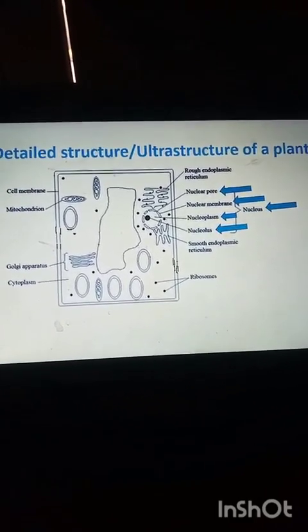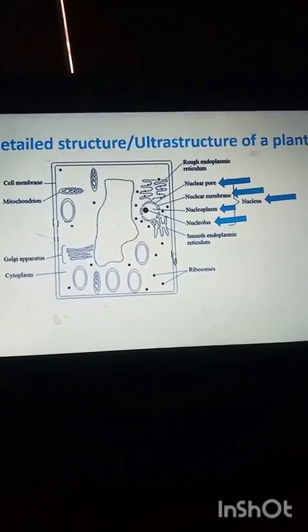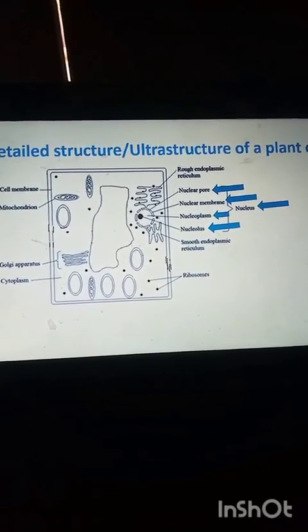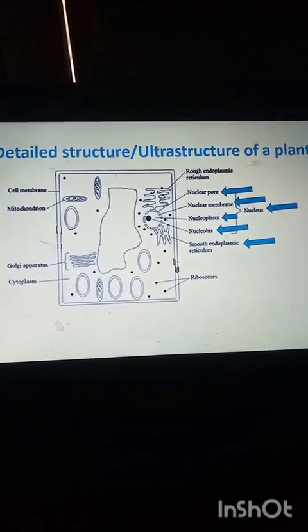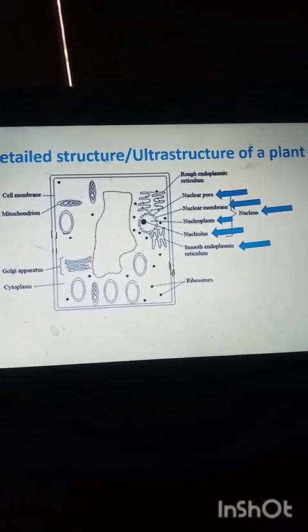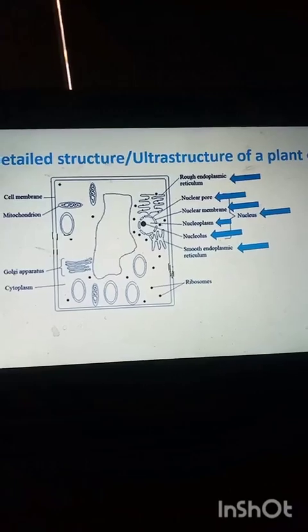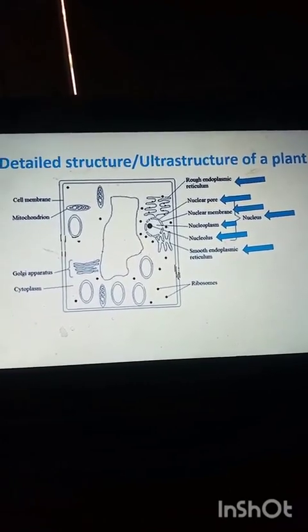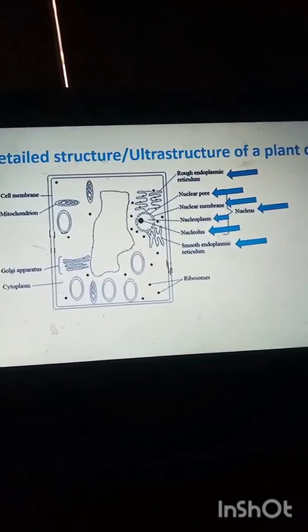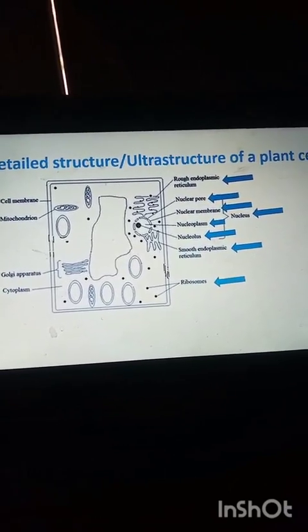All right, so then this one is there also in an animal cell, which is the smooth endoplasmic reticulum, and then there's also this rough endoplasmic reticulum, it is also there. Then also the ribosome, it is there in an animal cell.